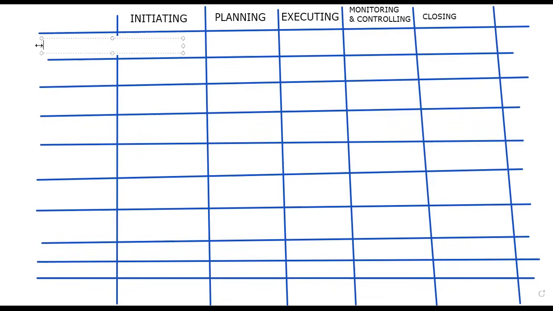All right, let's talk about the knowledge areas. The knowledge areas are integration, unifying the project and combining it; scope, scoping out what needs to be done; schedule, scheduling the project, making sure you've got a defined timeline; cost management, making sure that the budget is defined so that we know when we are over budget, on budget, and so on.